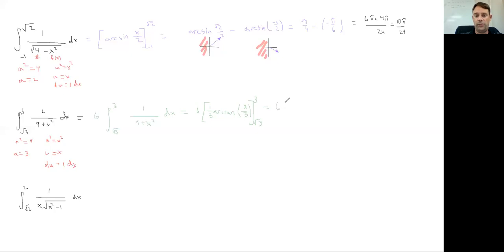So I have 6 times 1/3 arctangent of 3 over 3, minus 6 times 1/3 of arctangent of root 3 over 3.